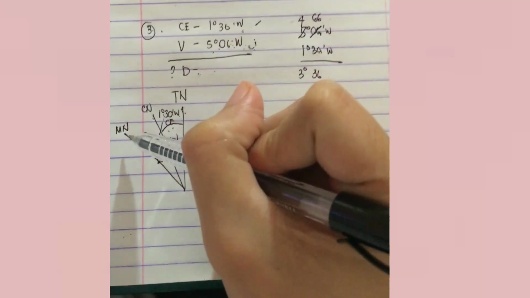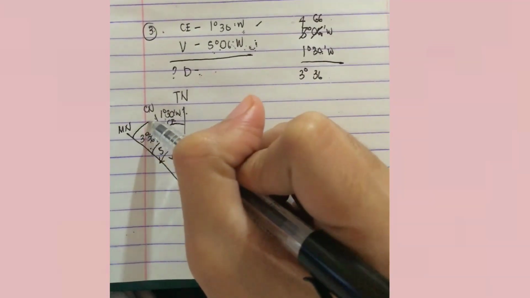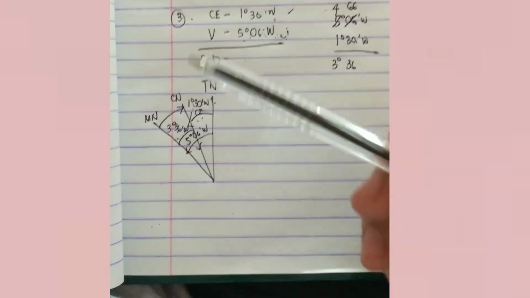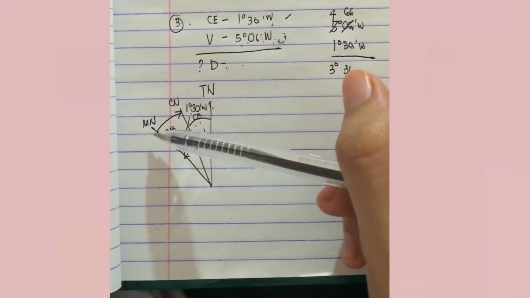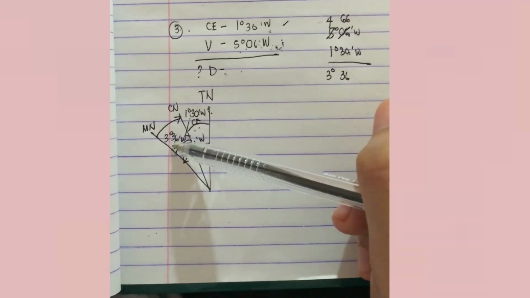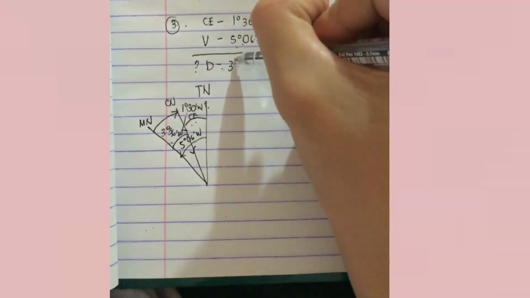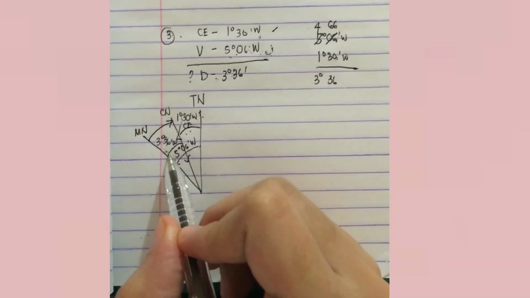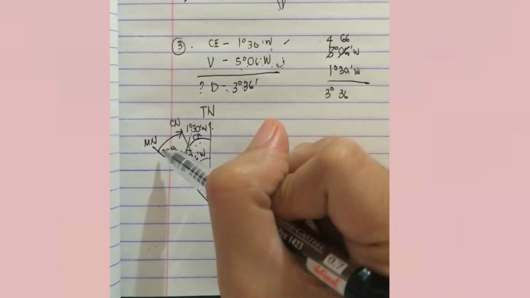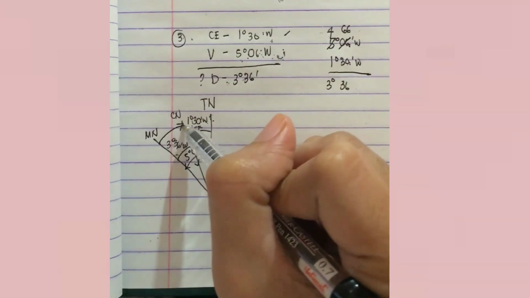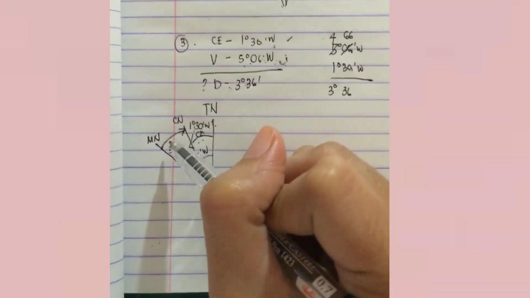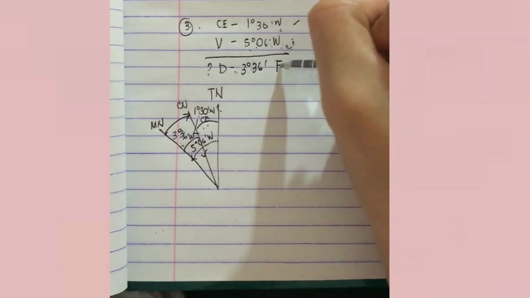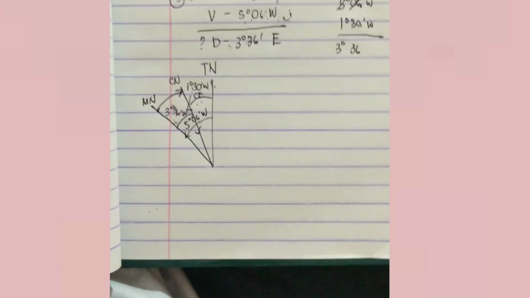From here to here, the arrow will be in this direction. So this angle here is 3 degrees and 36 minutes. What will be the direction? Since the arrow is going to the right, our direction will be east. So that's it. Very easy.